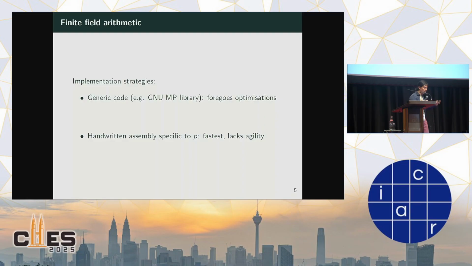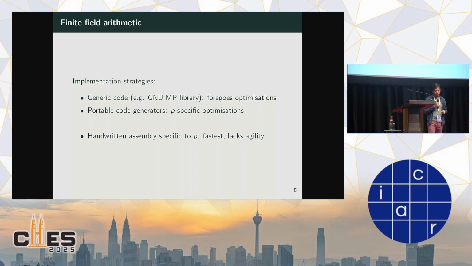What happens in the middle of the spectrum? One of the strategies that we can take is actually using one of those generators that I was mentioning before. In general, they include some optimizations that are based on the prime, and they also provide some agility.